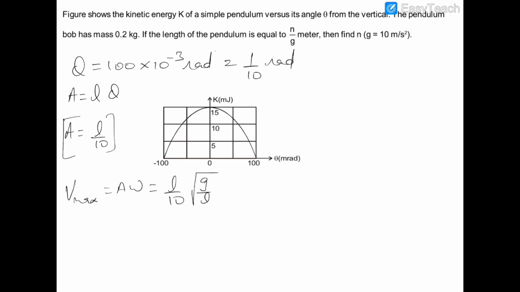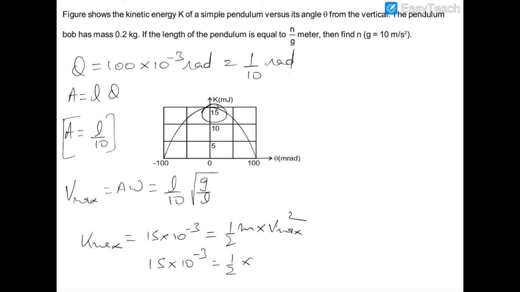We all know that. Now the maximum kinetic energy is given as 15 millijoules, which is 15 into 10 raised to power minus 3, and this is half m into V max square. So 15 into 10 raised to power minus 3 is equal to 1 by 2 into m, which is 0.2, which is 1 by 5. And this V max square will be L square by 100 into g, which is given as 10, divided by L. So you can see that this is 10 and this is 10, and 10 into 10 is 100.